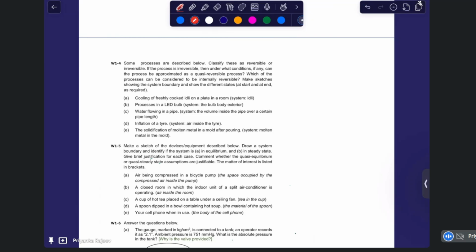In that manner you can say that this is irreversible, because a reversible process means you can take the system back into the same state from where it began without causing any changes to the system or to the surroundings. So that is why you cannot say that this is a reversible process.